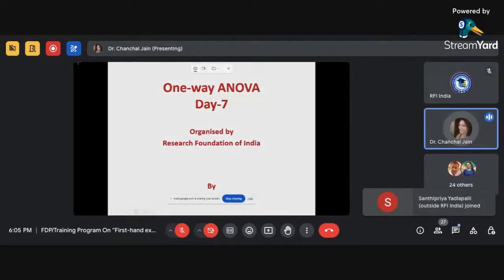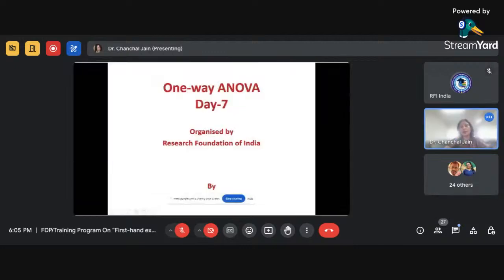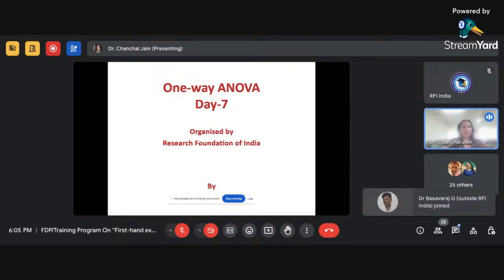So friends, I'll talk first about the independent sample t-test, then we will move to the one-way ANOVA. In the previous session, I discussed the independent sample t-test, and Ritika ma'am rightly said that we need independent samples or unrelated groups to perform it.